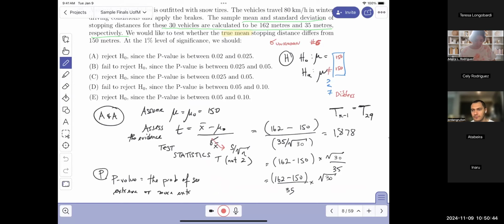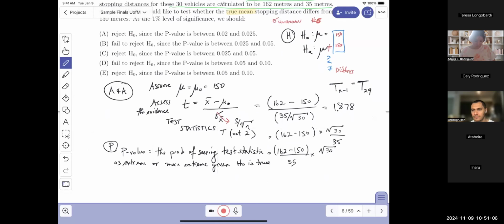Probability of seeing, in this case, I'm going to just say test statistic in general, as extreme or more extreme as we saw, given H naught is true.